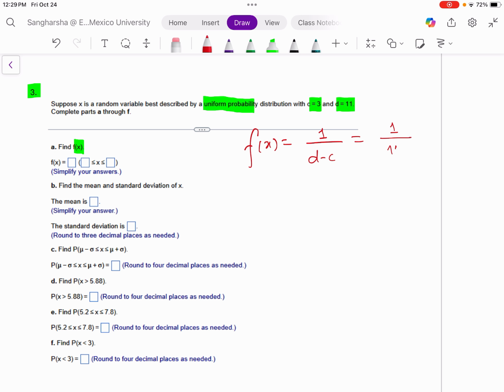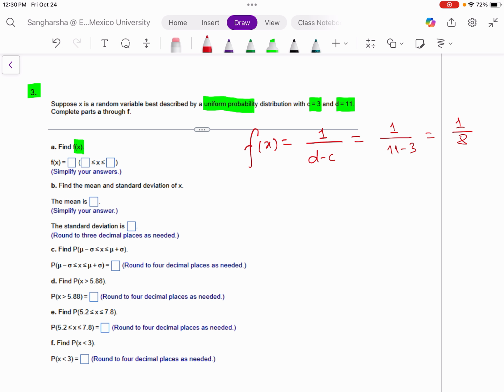That is 1/(11 minus 3), which is 1/8. So our function is 1/8, and our x is in between 3 and 11.